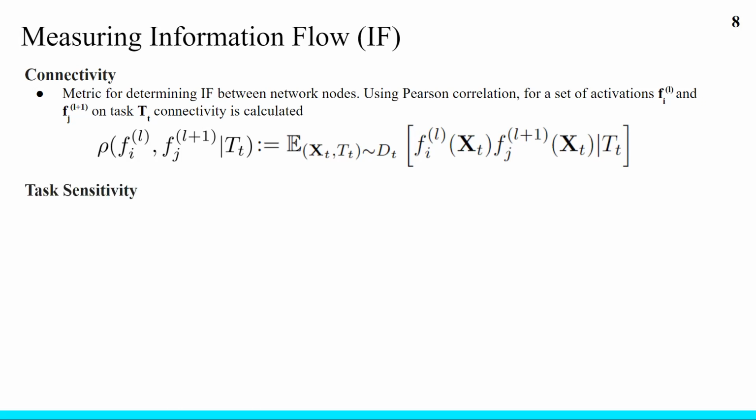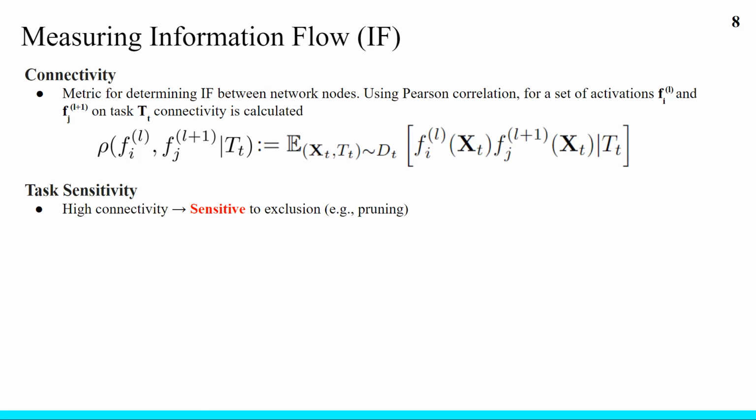Now, expanding on this idea of connectivity, I have task sensitivity, where the idea for this is that if you have a high connectivity, that's indicating a high level of information flow, which, as I mentioned before, is kind of a desirable quality here. It's preserving information and passing it through the network.